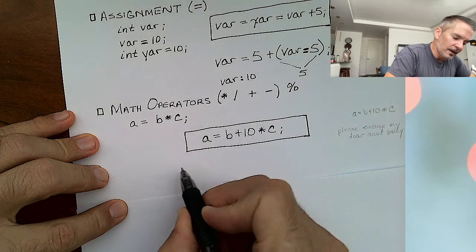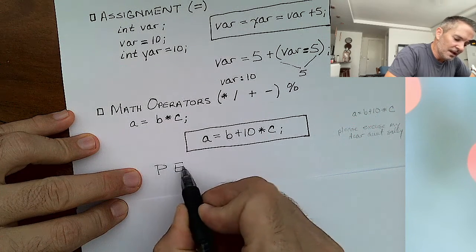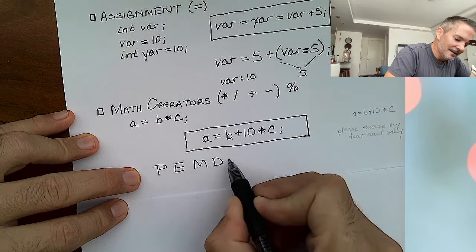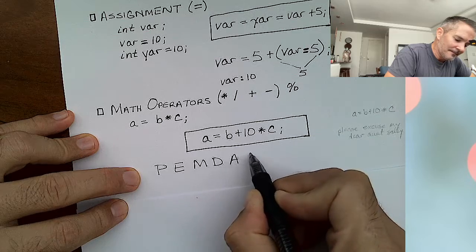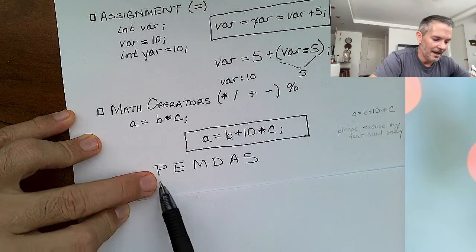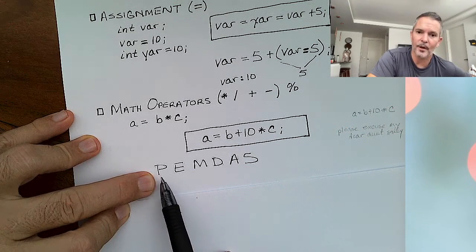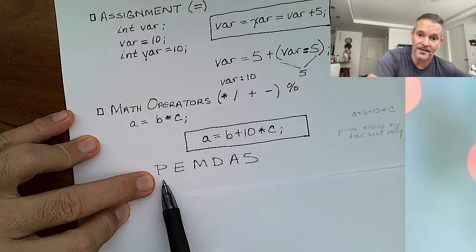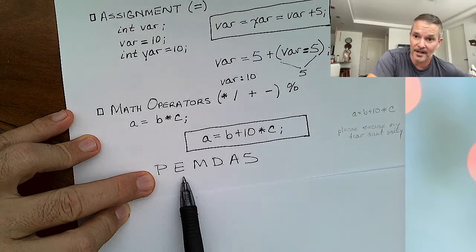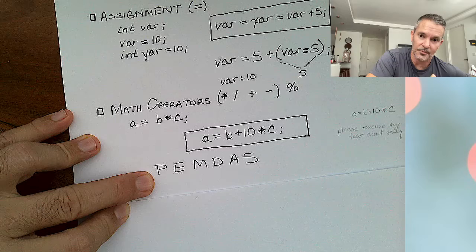You might remember that there's an acronym called Please Excuse My Dear Aunt Sally. Please excuse my dear Aunt Sally. And what it stands for is, in a mathematical expression, you always evaluate what is inside parentheses first. Next, you evaluate exponent operations. Next, multiplication, division, addition, and subtraction.